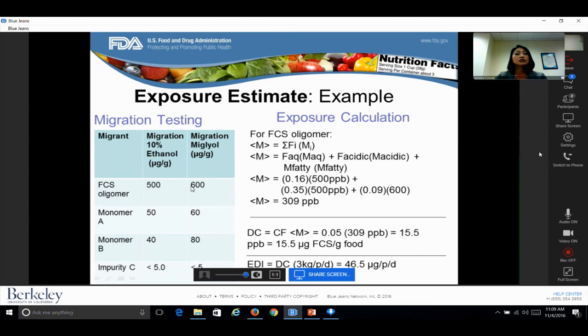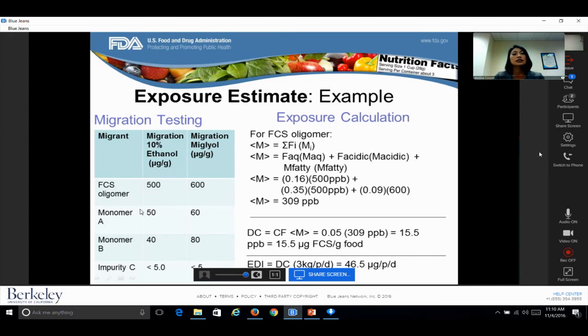So then we have migration values for each of the migrants, and also there are times when it's not detected and it's below the limit of detection, we would require analytical data to support all of these levels, including the limit of detection.